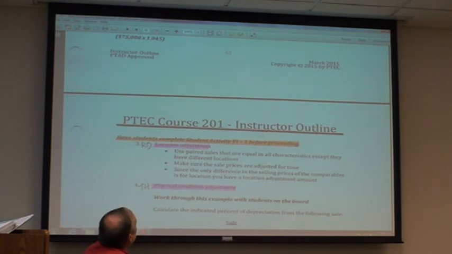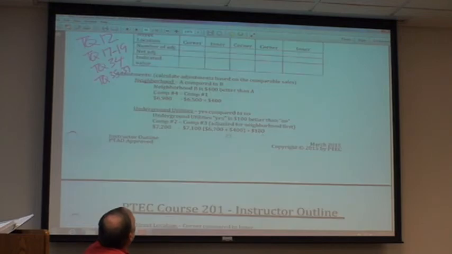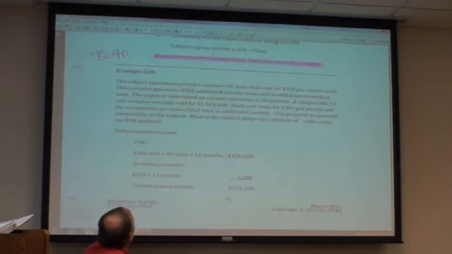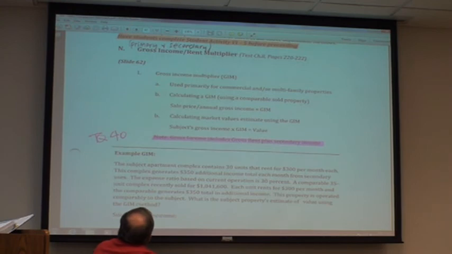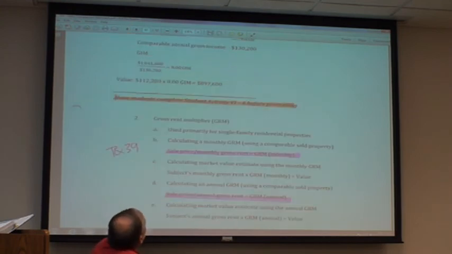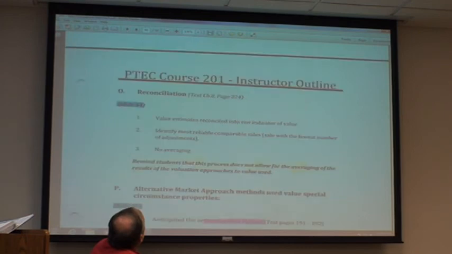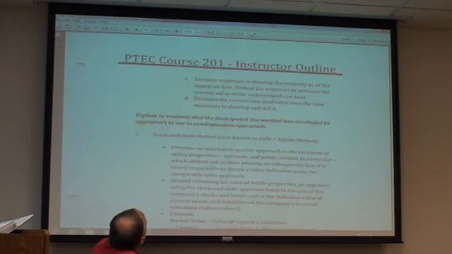Location adjustments, physical adjustments. Lump sum dollar adjustments. I think we've already covered most of this. Gross income includes gross rent plus secondary rent, you probably already knew that. Talking about the GRMs. Yeah, it's a land development method, I think we covered this, okay? We're good on that.